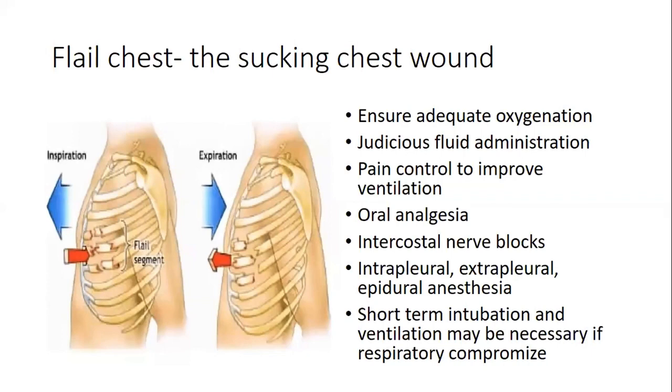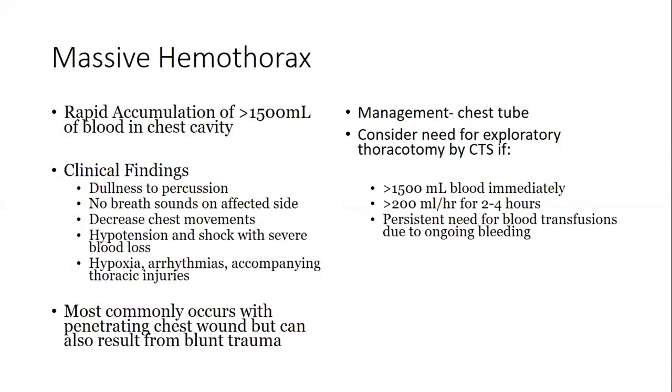To improve this, we have to occlude the whole area with a uniform dressing, and then give analgesia or some nerve blocks. If it's too severe, we may need to intubate the patient in the interim and take over the process of ventilation. But flail chest, yes, is a unique situation that we need to take note of.